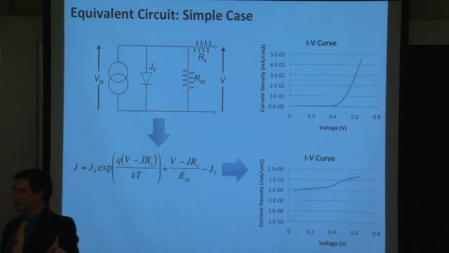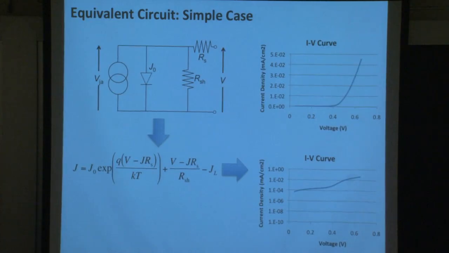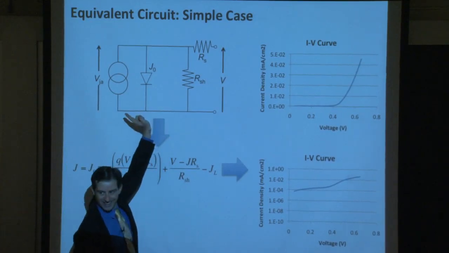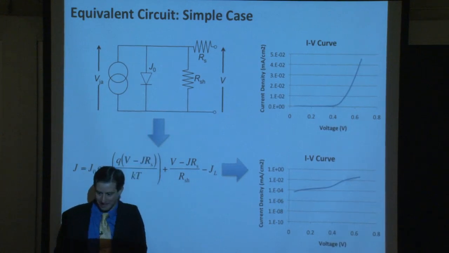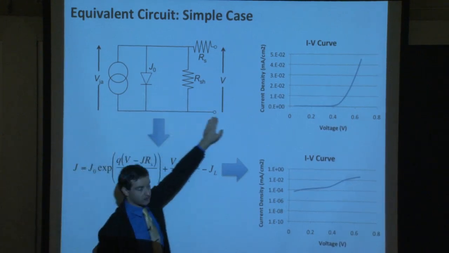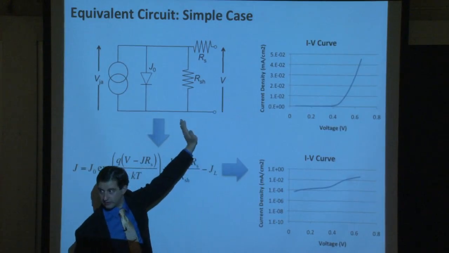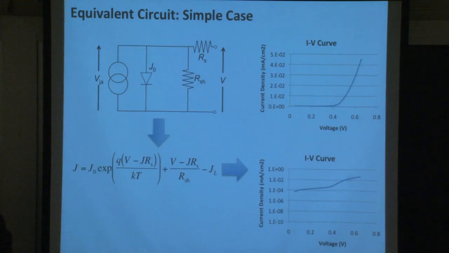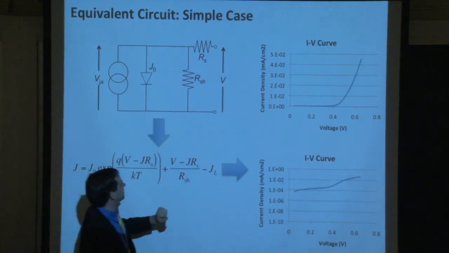We want our shunt resistance to be large because we want to prevent the current from flowing inside of the device and back to the base. Instead, we want the current to flow through the external circuit. So we want the shunt resistance to be large. In other words, we don't want our solar cell device to be full of shunts. That's pretty obvious.